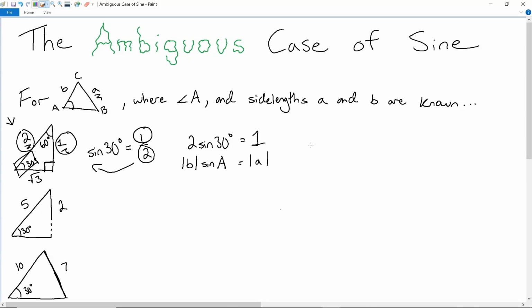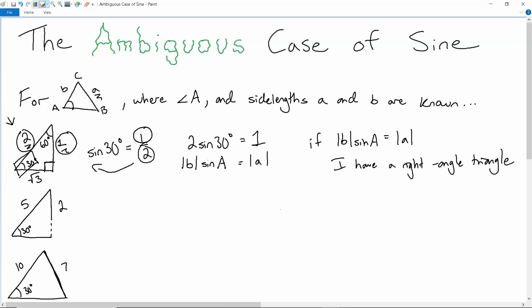So what I can say is, if this equation holds true in the side length and angle that I've been given, then I have a right angle triangle. So, okay, that's a very specific scenario where side length a equals b times sine of the angle A.